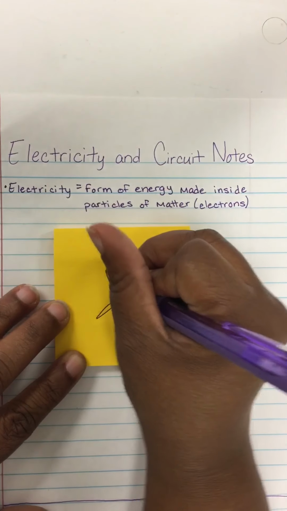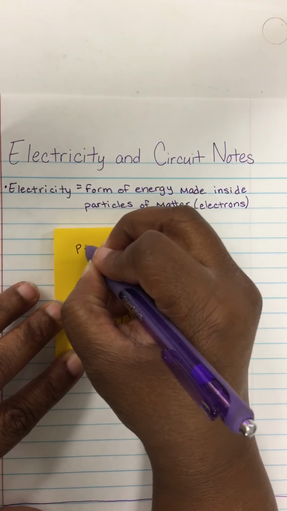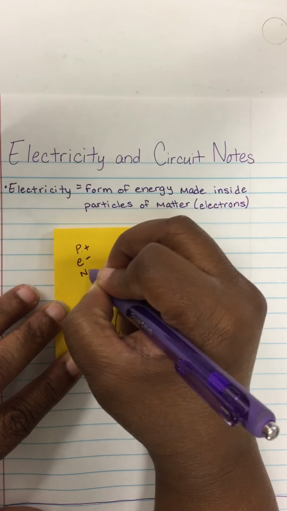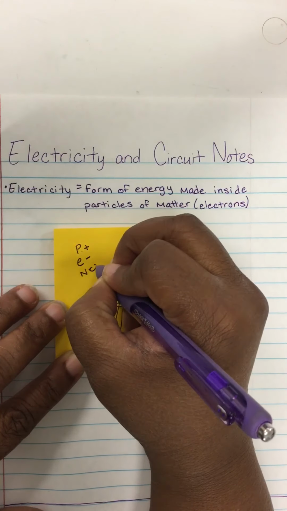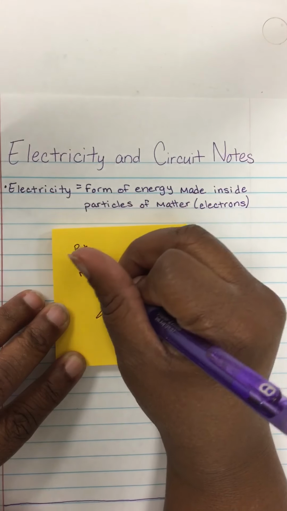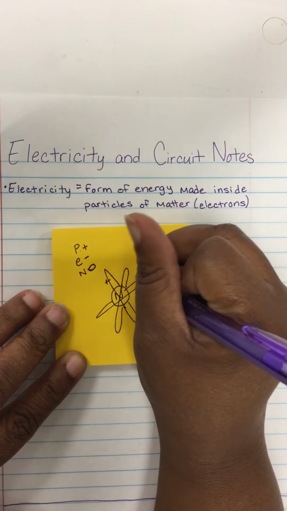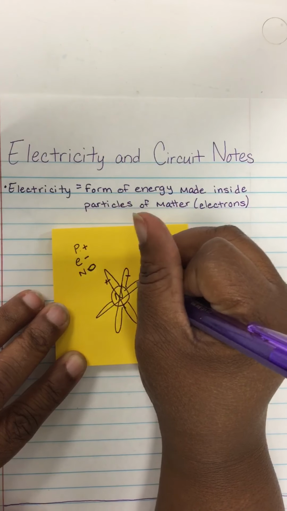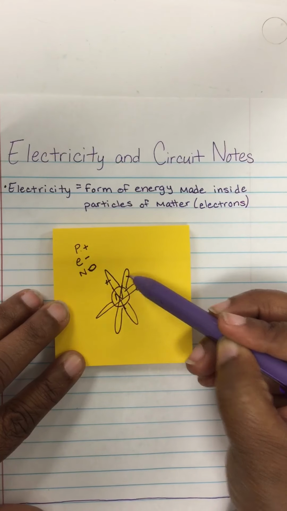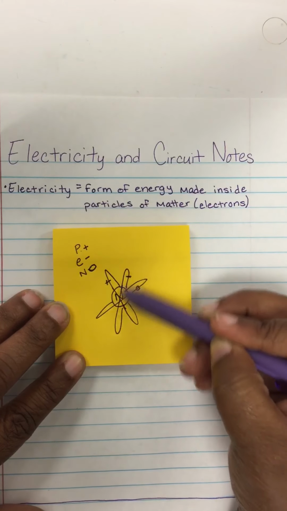You have protons, which are positive, electrons, which are negative, and neutrons, which are neutral. So they cancel, they just kind of, they're there. Protons float along, electrons float along, and so do neutrons. So these things right here, the electrons, they bring the electrical charge.